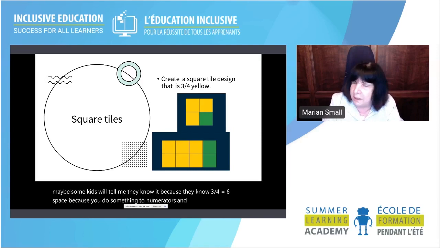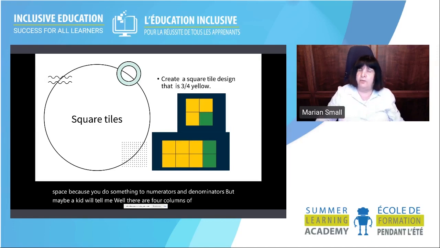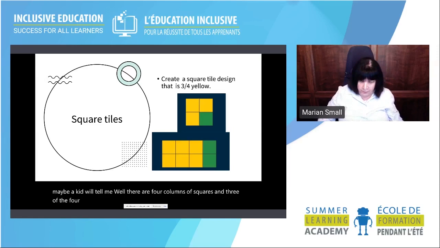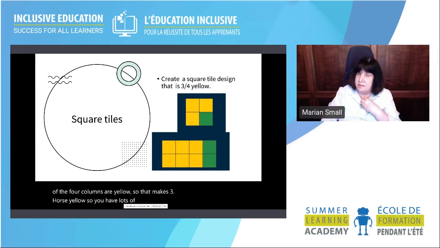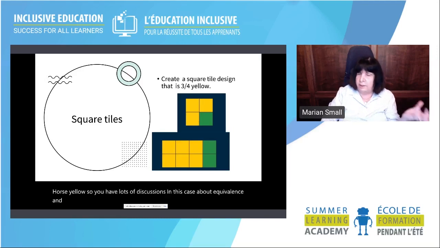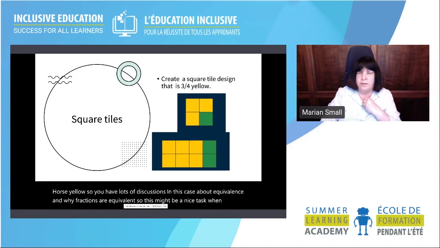But maybe a kid will tell me, well, there are 4 columns of squares and 3 of the 4 columns are yellow. So that makes 3/4 yellow. So you have lots of discussions in this case about equivalence and why fractions are equivalent. So this might be a nice task when you're dealing with equivalent fractions, whether it's grade 4 or 5.